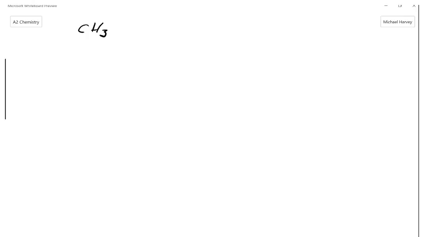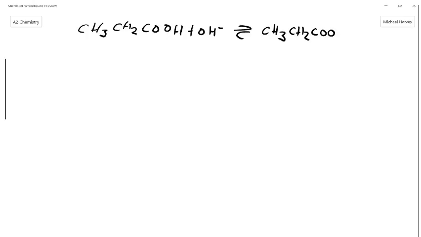So the first one is if we're adding hydroxide. CH3COOH, which is the acid, we add some hydroxide, and that's going to be in equilibrium with the associated conjugate base plus water. But because the hydroxide is a strong base, it tends to favour the right. That's reaction number one.